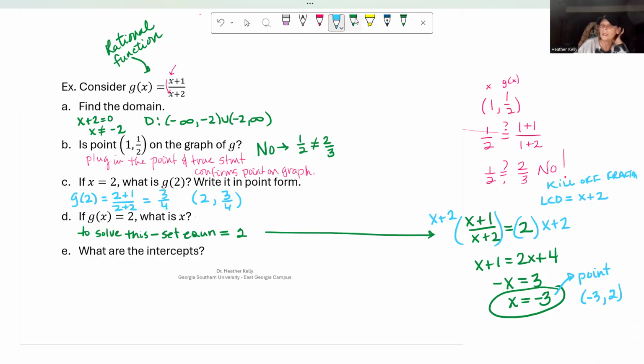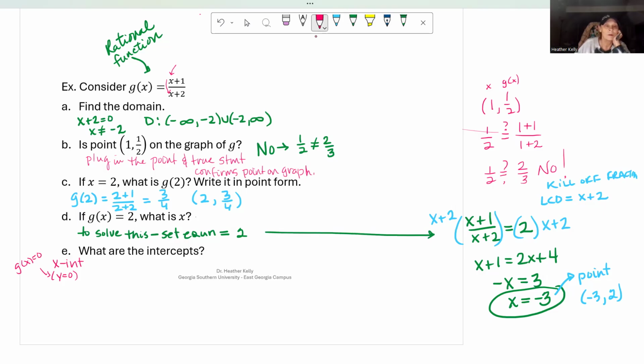And then finally, it asks us for the intercepts. And we know that we get the x-intercept when y is equal to 0, which is the same thing as saying when g of x is equal to 0.